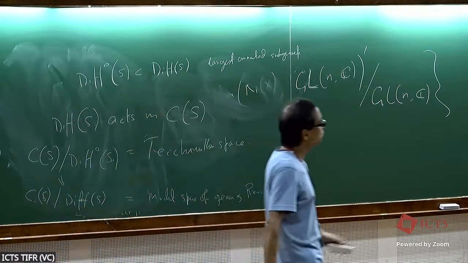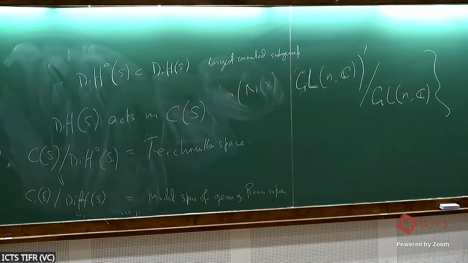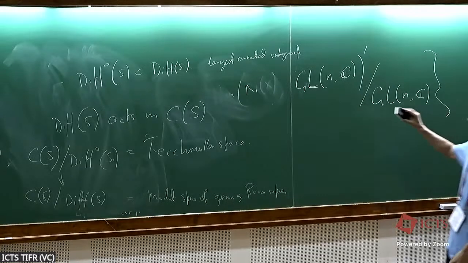So now what I'm trying to do is this, trying to construct this family. I've constructed the base, the Teichmuller space. I'll put the family of Riemann surfaces on it.